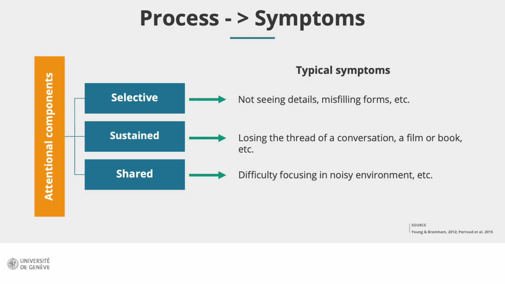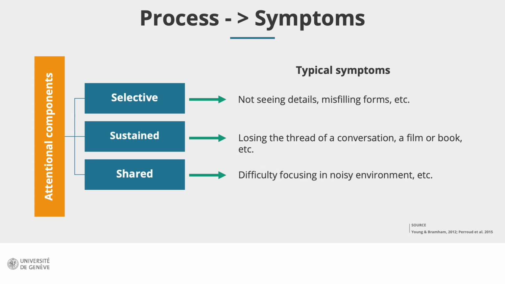Okay, so let's give some examples now that relate to ADHD symptoms. So for example, selective attention is going to help me pay attention to detail, like when I fill out forms. But then if I have a problem with selective attention, I may make a lot of mistakes that are linked to details.